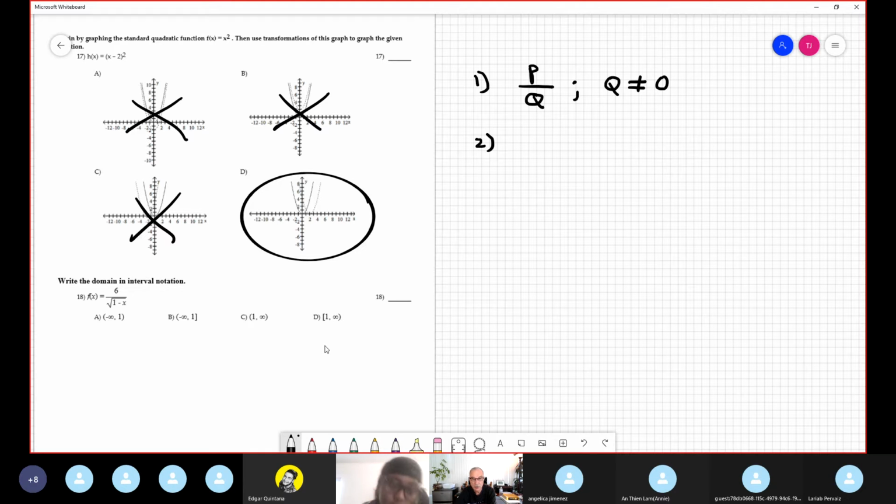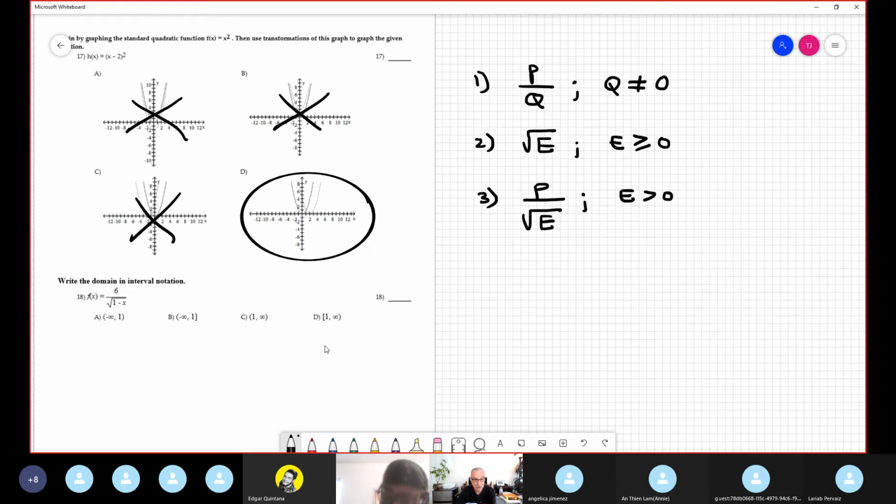Restriction number 2: when you have a square root, the expression is non-negative, so 0 or positive. And restriction number 3 is exactly applied in this example: when the square root is in the denominator, it is positive, non-zero.